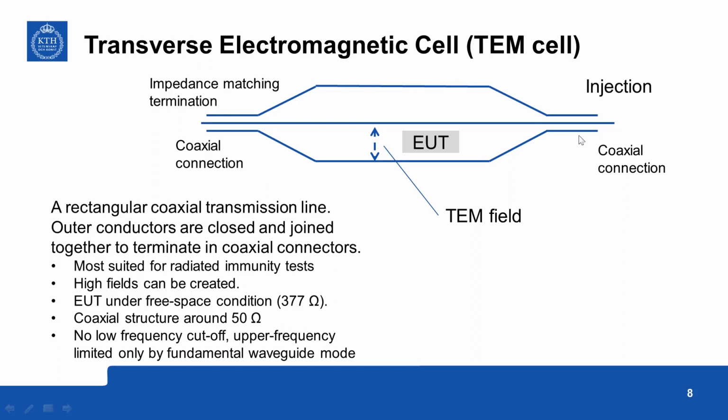So these are the two impedances that are usually used by most equipment. The EUT is placed in the middle somewhere, below this septum, that is the central conductor, or above, where you have the TEM field, and the EUT is subjected to free space condition, that is 377 ohm free space impedance.